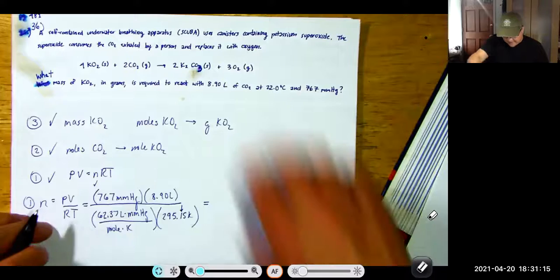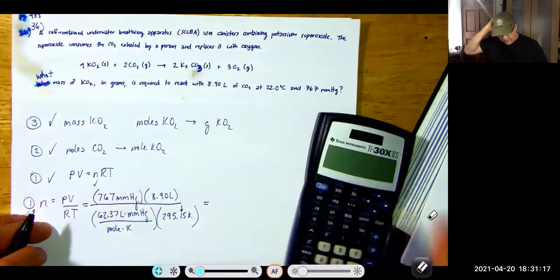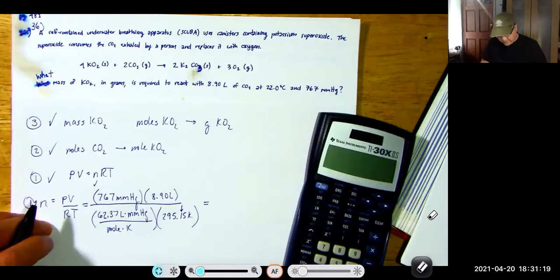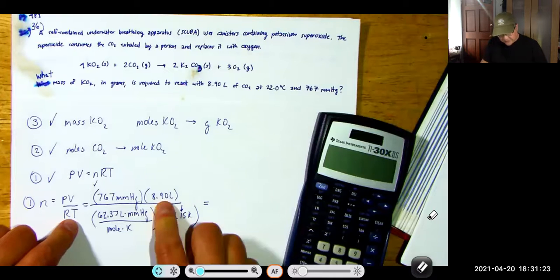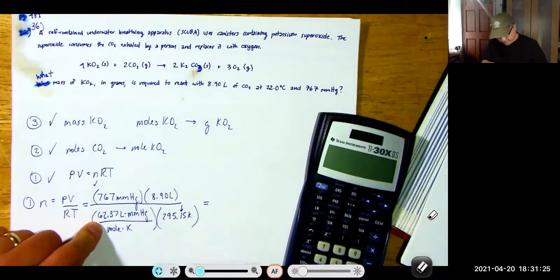When we estimate this answer, maybe we could do 9 goes into 62 how many times? 7 times? Yeah.